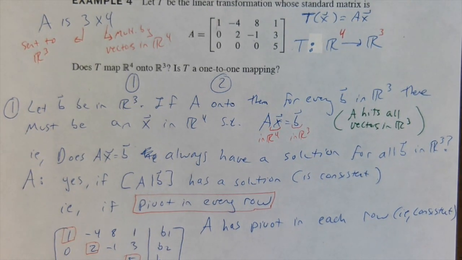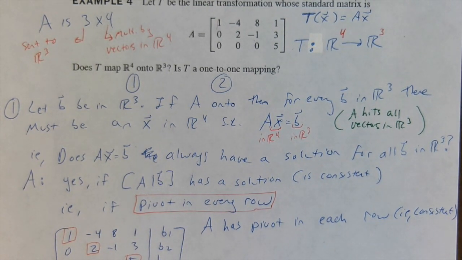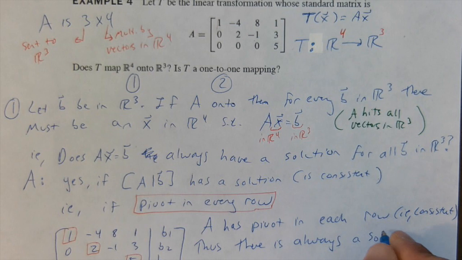Always, not just sometimes, it's always consistent because we always have a pivot in every row. Thus, we always get a solution for Ax = b. Thus, there is always a solution to Ax = b for every possible b, right, we just have an arbitrary b in there, and that means, by definition, T maps R4 onto R3.